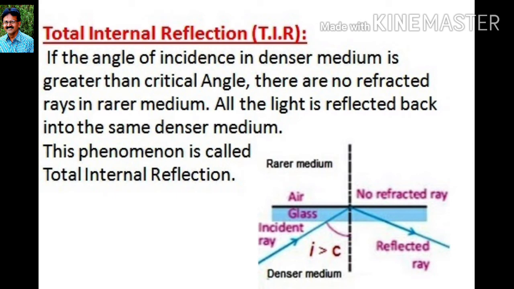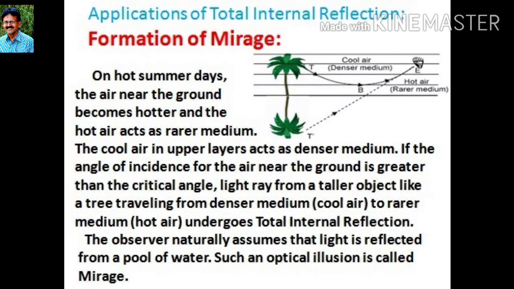Application of total internal reflection: formation of mirage. On hot summer days, the air near the ground becomes hotter and the hot air acts as a rarer medium. The cool air in the upper layers acts as a denser medium.